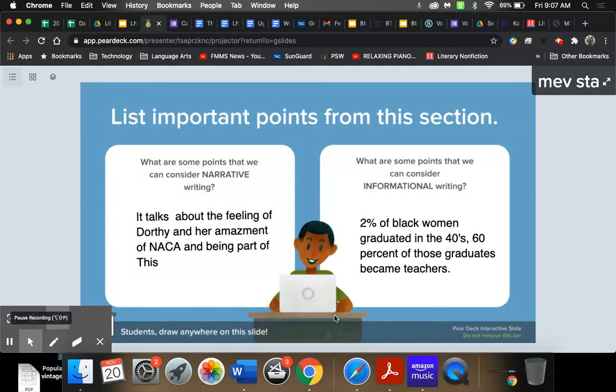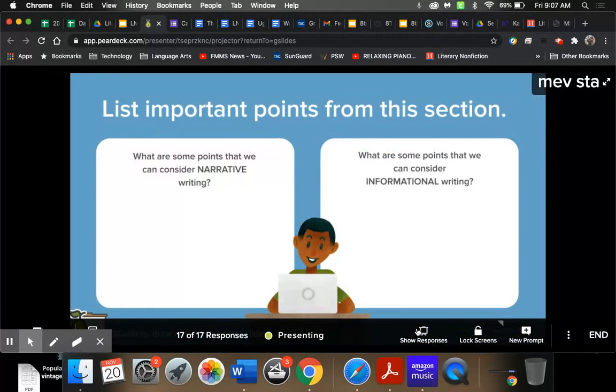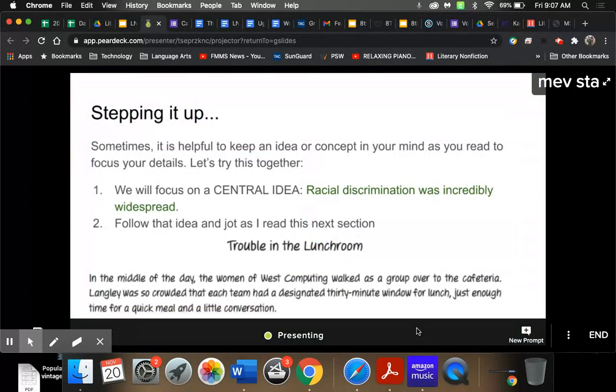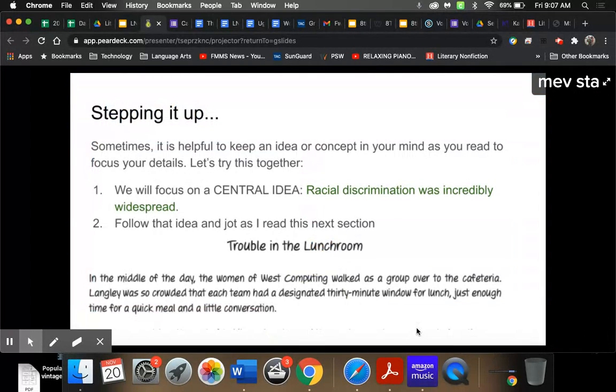Okay? Other things that we are going to do is sometimes we're going to go back into our notes and you're going to notice, oh, I have like 5 central ideas here, but I need some details to support that. The thing about central ideas is a lot of times it will span over a big section of text or the whole text. So you may have it in your notes and you may be like, okay, I wonder if this shows up later, or I wonder how this shows up here in the story.